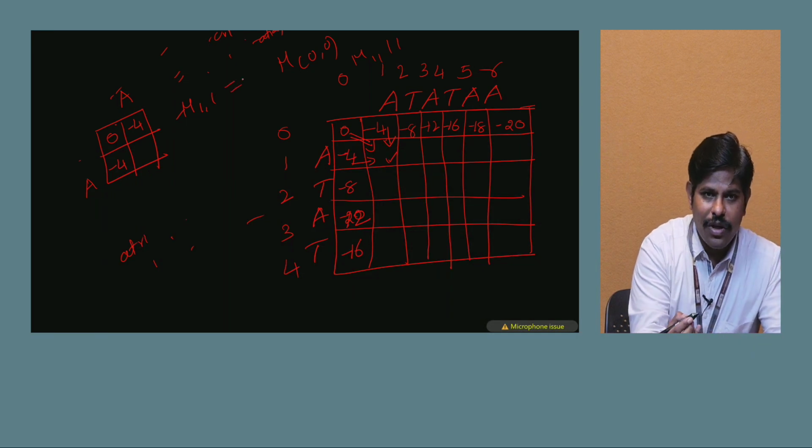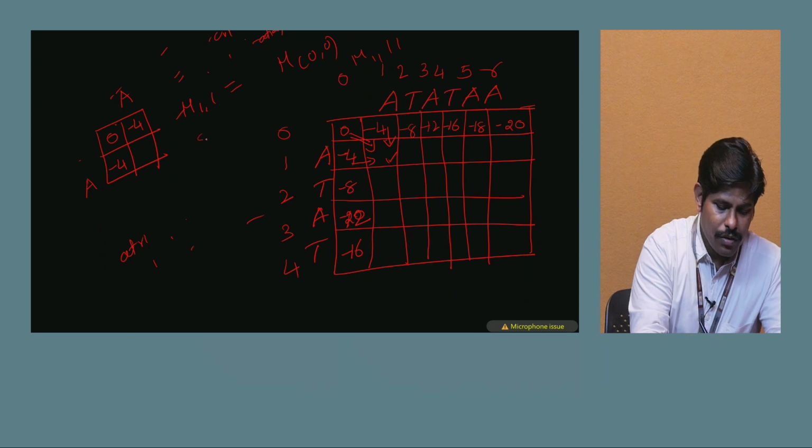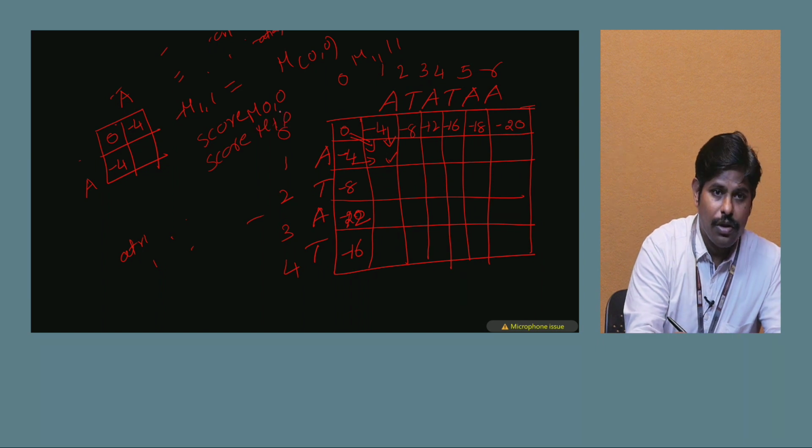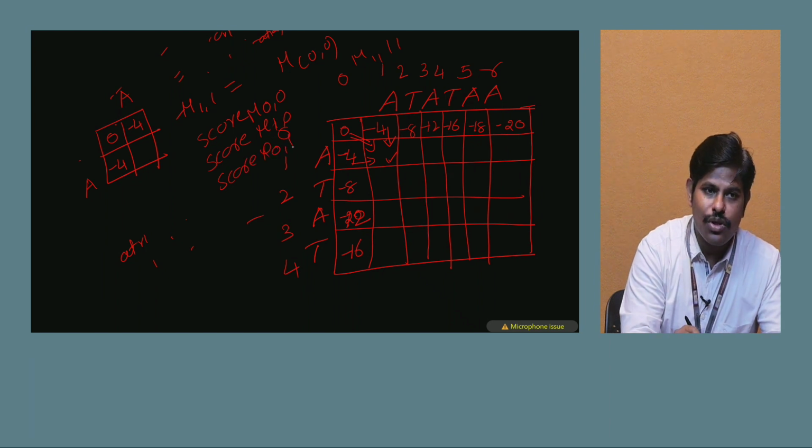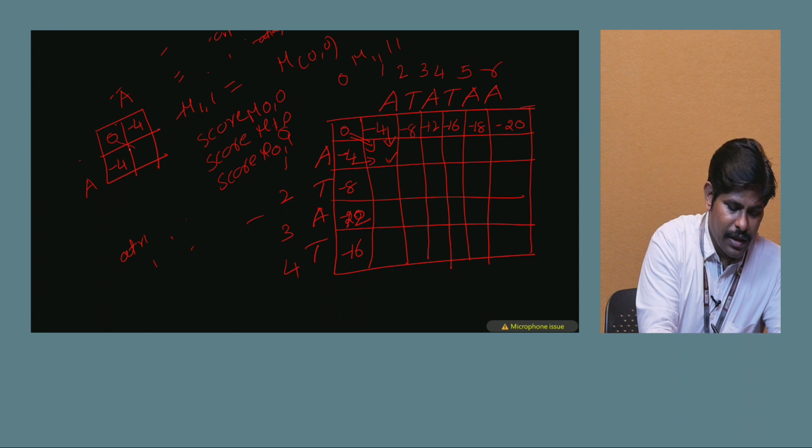So M11 can get score from M00, then M10, and then M01. So it can get scores from three previous cells in three different directions.